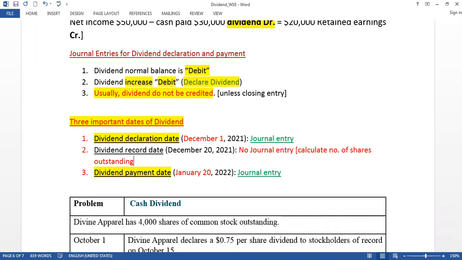That means how many shareholders are holding my shares. We just calculate the number, right? And based on this number, we are going to pay the dividend. Do you understand? And you also understand that when a company declares dividend, it is debit.